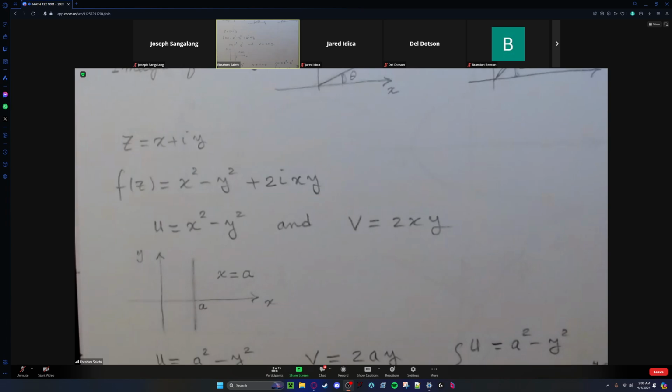I replaced x by a here and here. So u is this one, v is this one, and the parameter is y. Y can be anything, right? Here, look at the picture. Y can be anything.